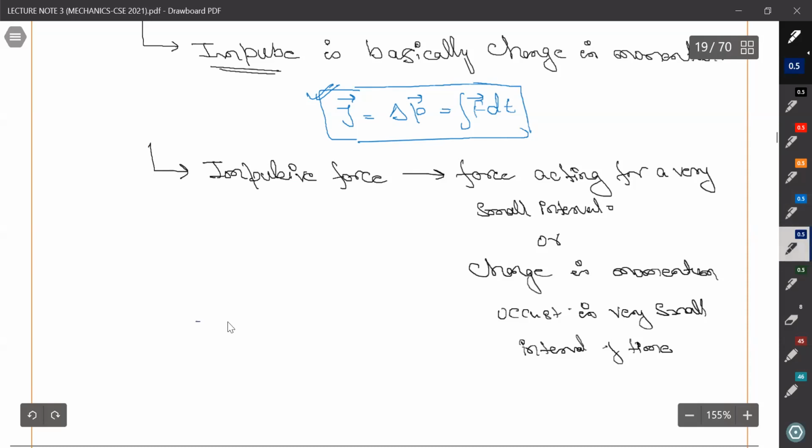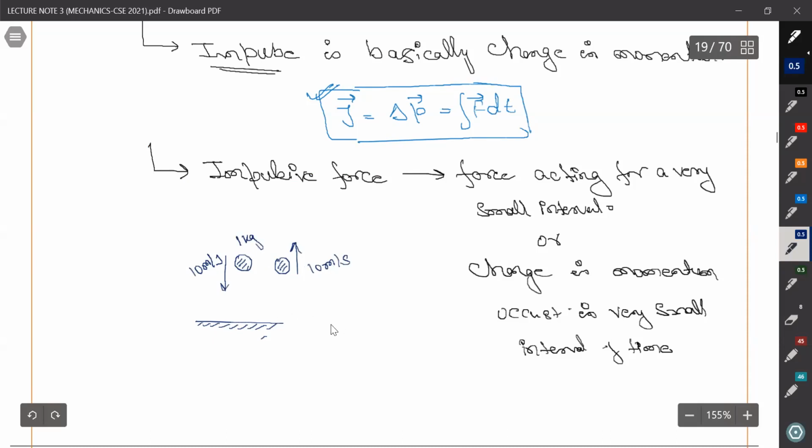Now let us understand the situation. For example, a ball hits the ground, and after hitting it rebounds back. Let's suppose it comes with 10 meter per second and it also goes with 10 meter per second. Mass of the block is 1 kg.